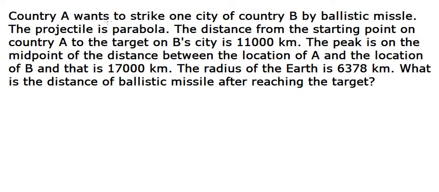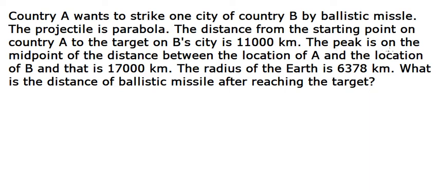Country A wants to strike one city of country B by ballistic missile. A projectile is a parabola. The distance from the starting point in country A to the target in B city is 11,000 kilometers.